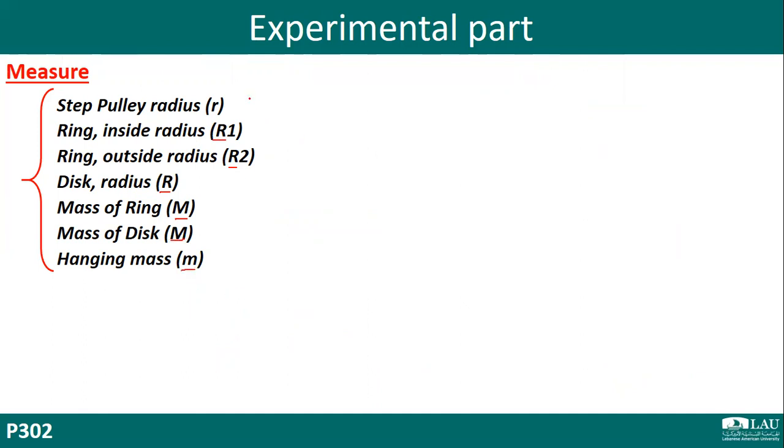As you can see, you have a lot of physical variables in this lab, and all these variables were measured. You will see in the data sheet if it was measured using an analog or a digital device.